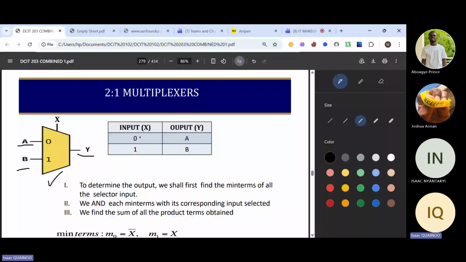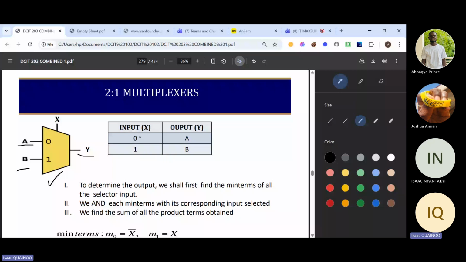Now let's look at the logical expression and the corresponding diagram. In this scenario, we have our selector.